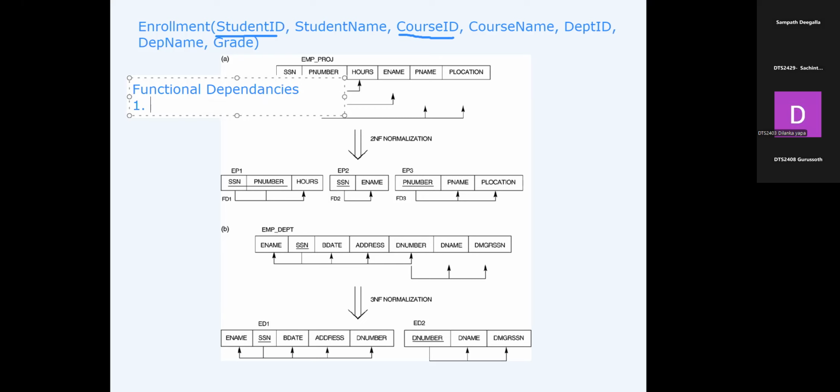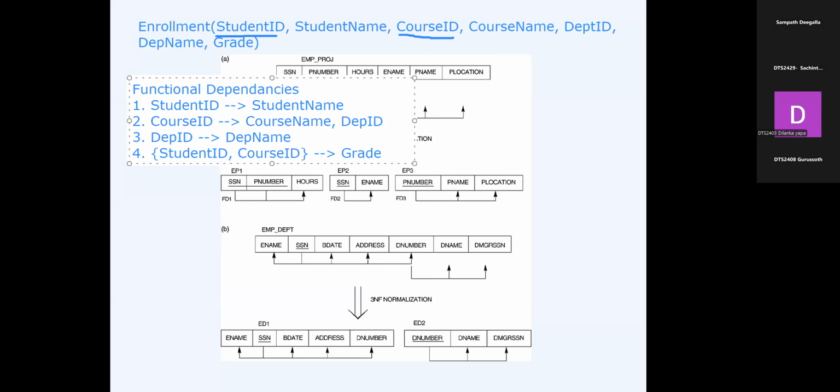What is the first one? Let's start with the easy one. Using student ID, we can functionally determine student name, right? Agree? Using student ID, we can determine student name. Likewise, what are the other ones?